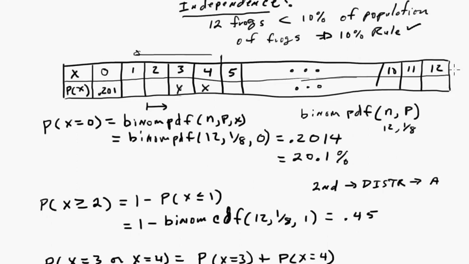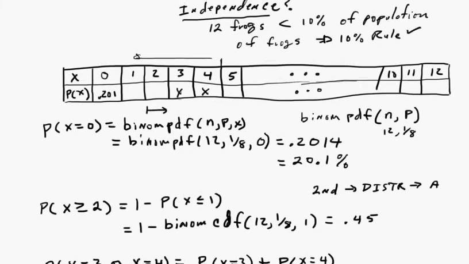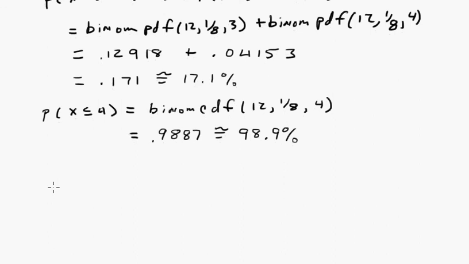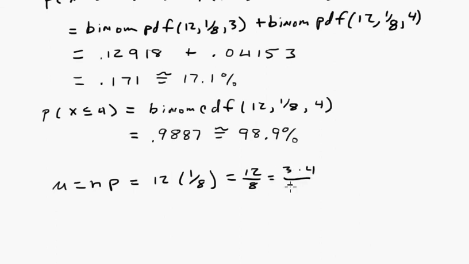If you think about it, the mean, mu, is np. So that's 12 times 1/8. So what is that? 12 over 8. So if we do a little factoring, 3 times 4 and 2 times 4.